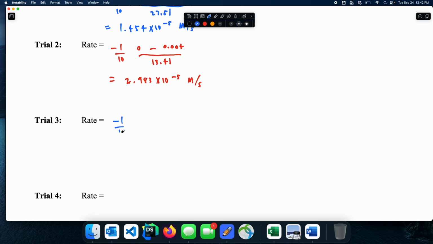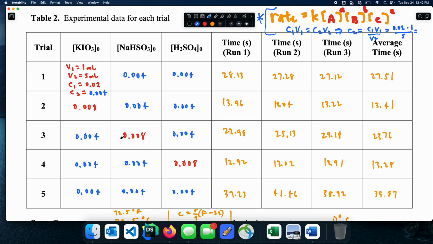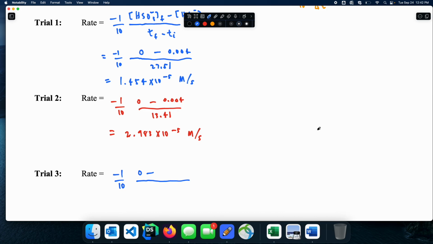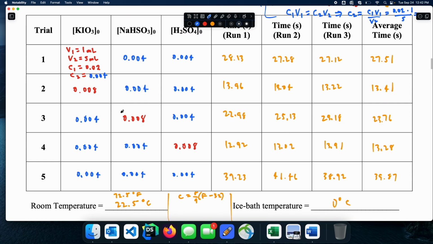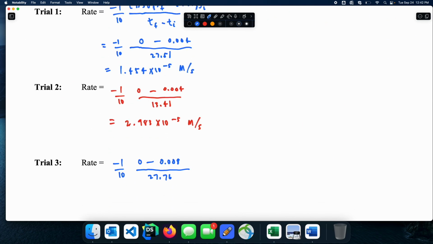Okay, so minus 1/10, and it's going to be 0 minus the initial concentration, which in trial 3, look, we used 0.008, and it was 23.76. Is that right? Is that what I said?